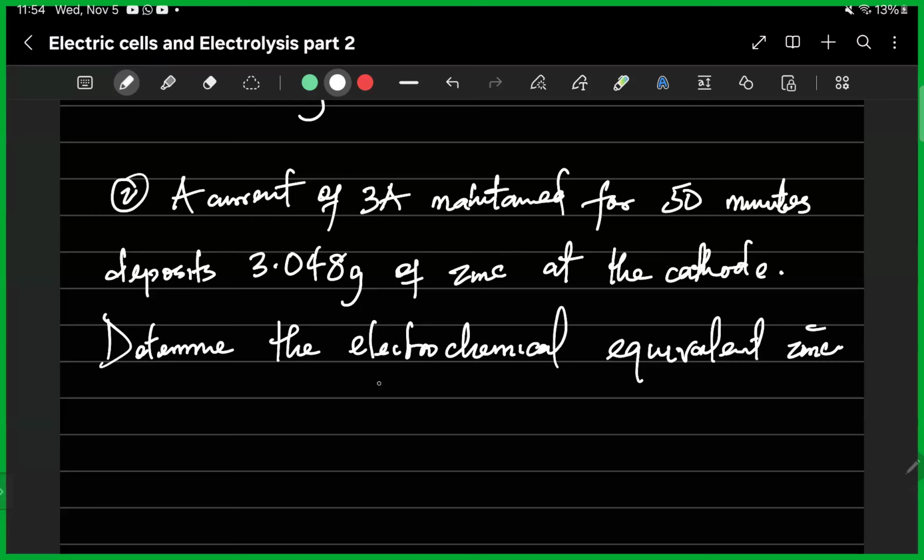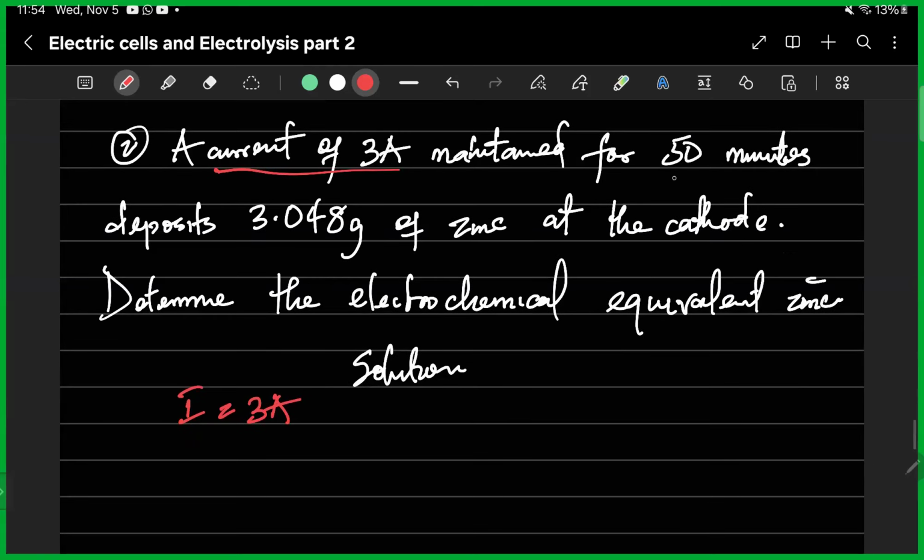So solution, what are we given? We're given current of 3 A, that's I equal to 3 A. What are we given again? Maintained for 50 minutes.